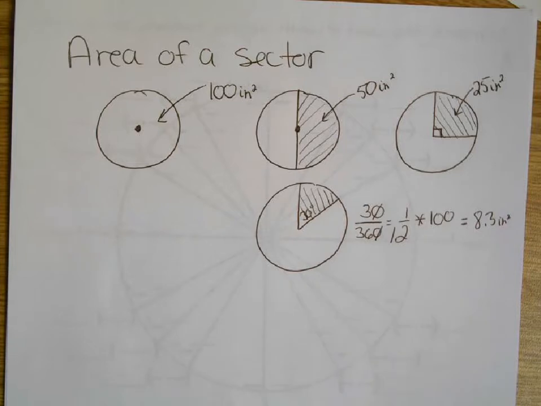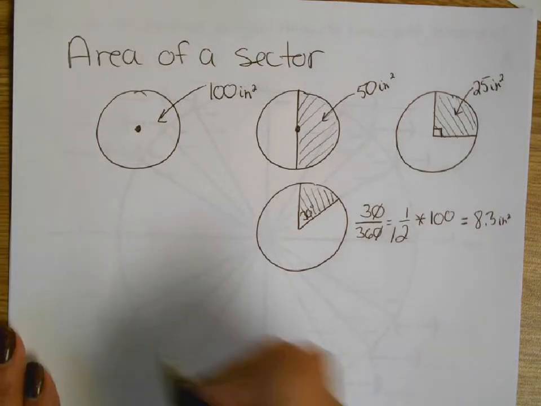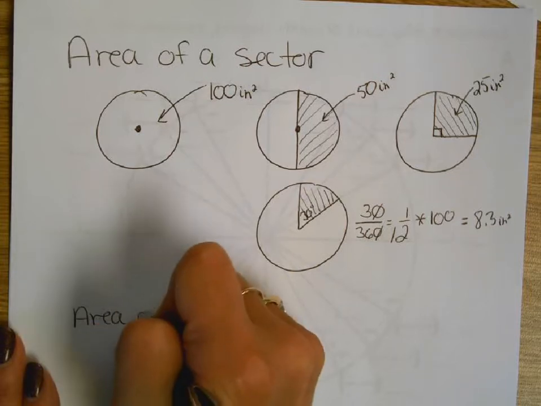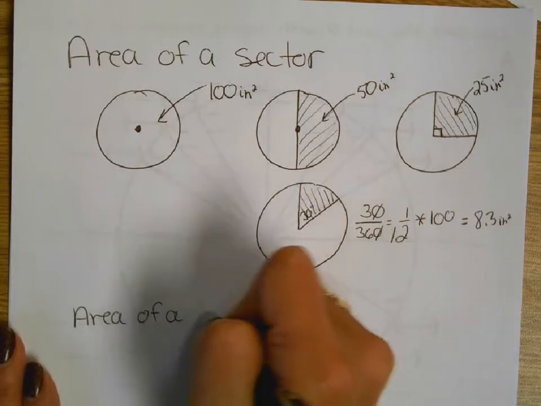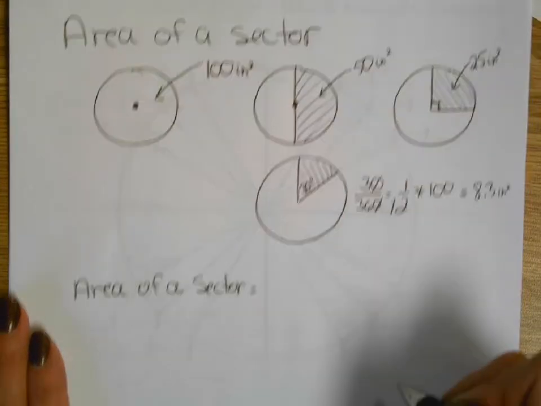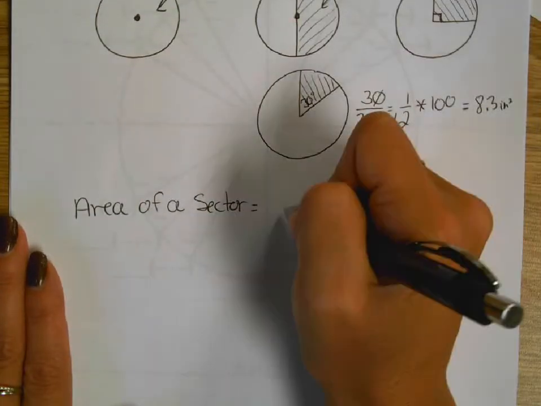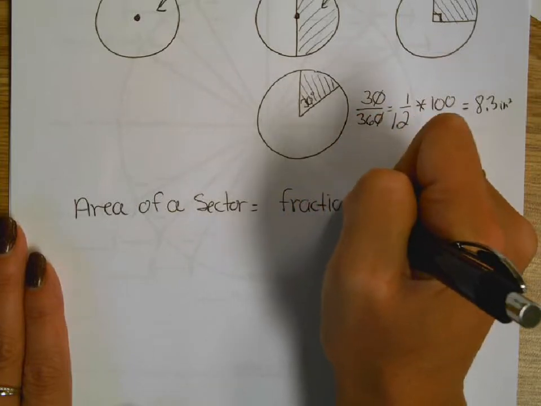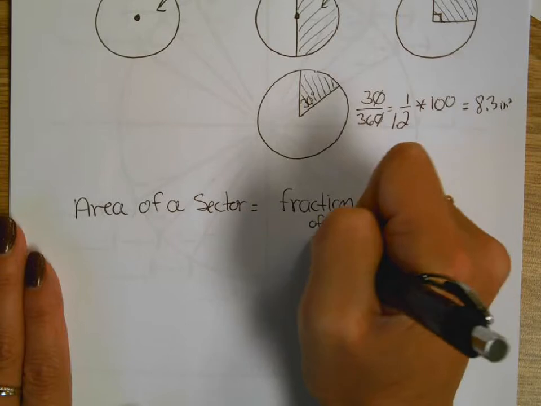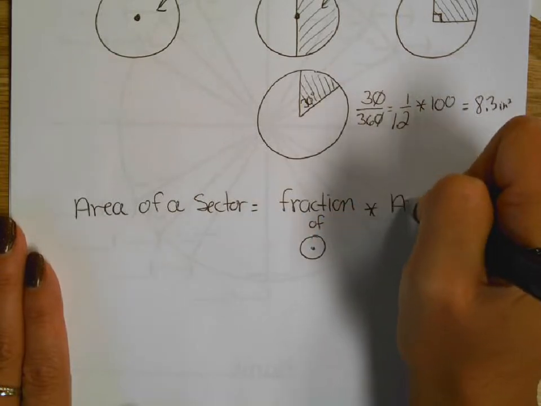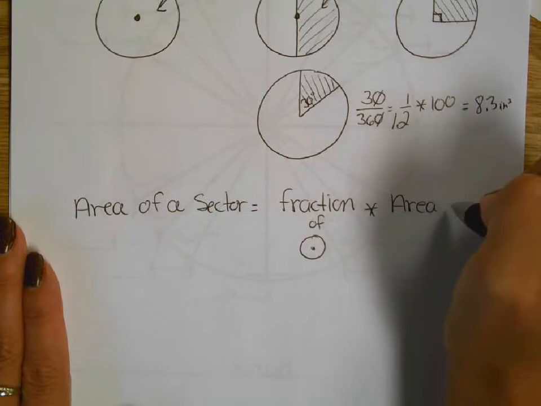So our plan to find the area of a sector, very much like arc length, you're going to take the fraction of the circle and multiply it by the area of the circle.